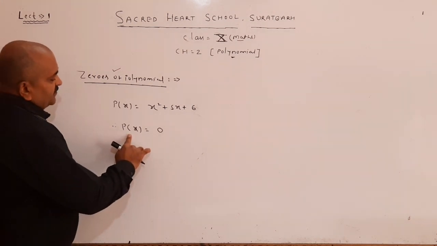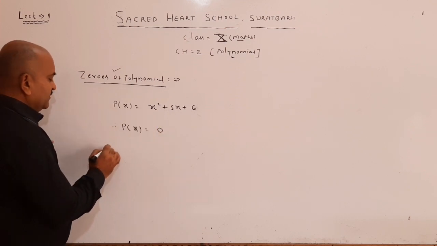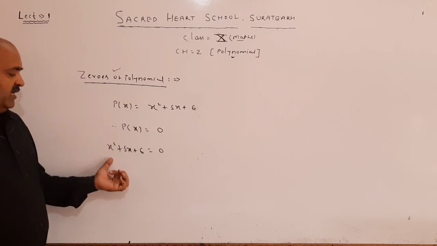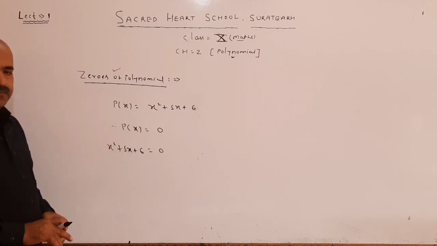Here students, p of x is x square plus 5x plus 6 equals 0.